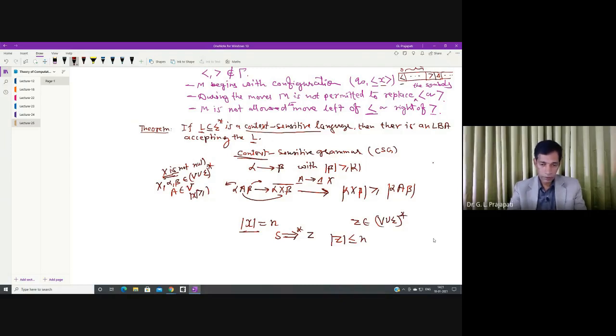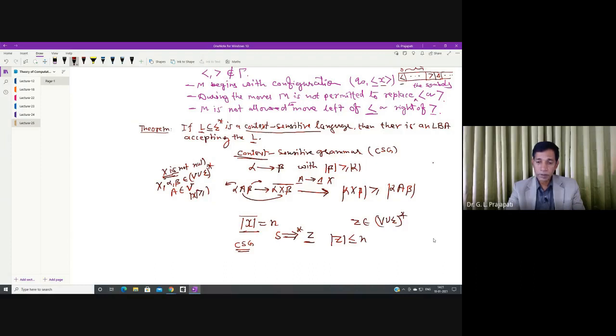Once you start from the start symbol in the context sensitive grammar, the length of the working string will not be more than n. Why is it so? Because if the length is more than n, then to obtain the string x you must have some production rules that can delete symbols.